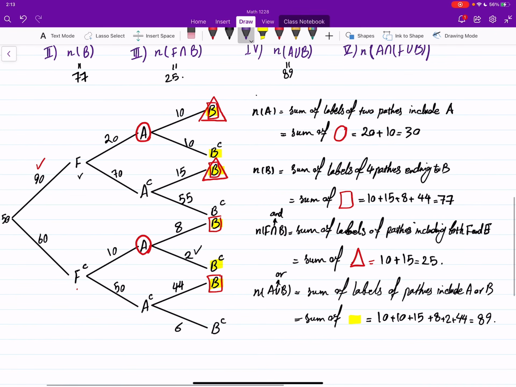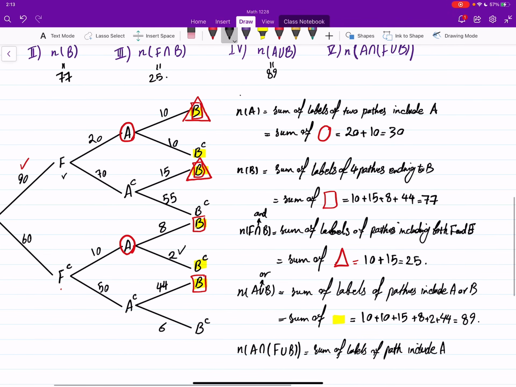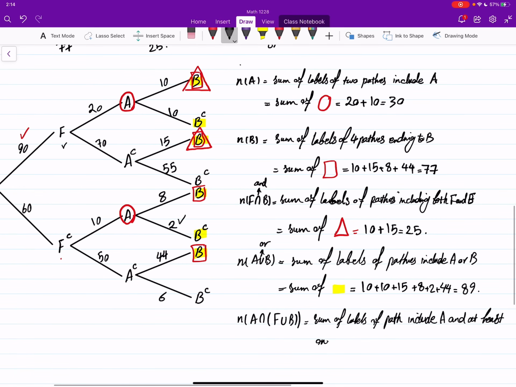Let me first write this one: N of A intersect F union B includes sums of labels of paths. It must include A and at least one of F or B. So let's see.